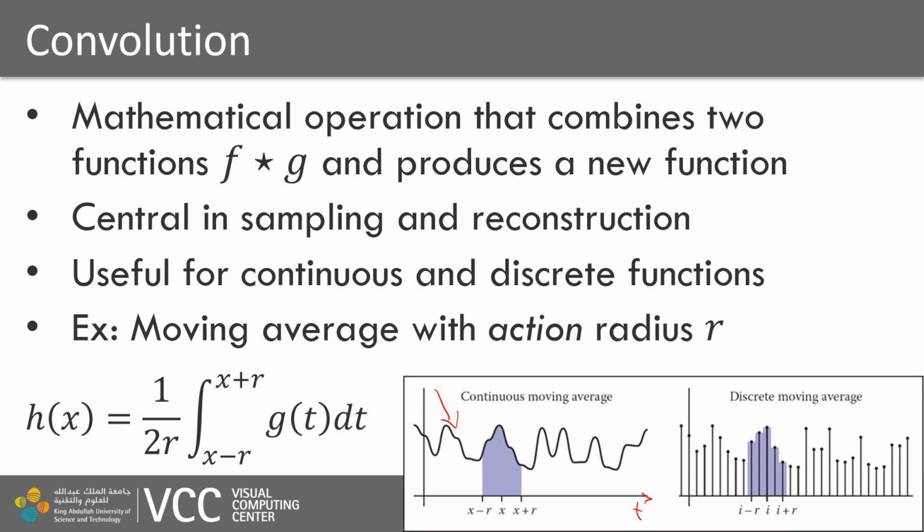If we want to know what is the average over a certain time, maybe a day or a year, then we simply integrate this function to obtain the area under the function, and then divide by the length of this interval, which will be, what will it be here? Here is x minus r, x plus r. So this will be 2r. So this is a moving average on the continuous function.